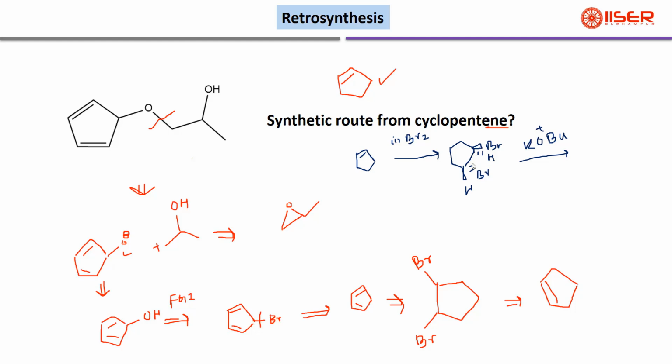Similarly for this bromine, this hydrogen is not anti-periplanar. But there is a proton here also which is anti-periplanar with this one, and there is a proton here which is anti-periplanar with the other bromine. So both will be eliminated. If it goes this way, it gives us cyclopentadiene.